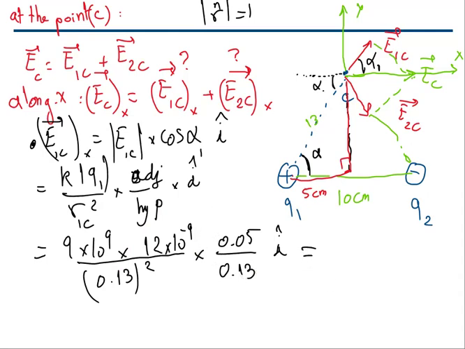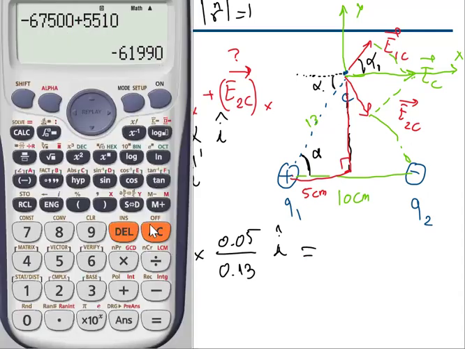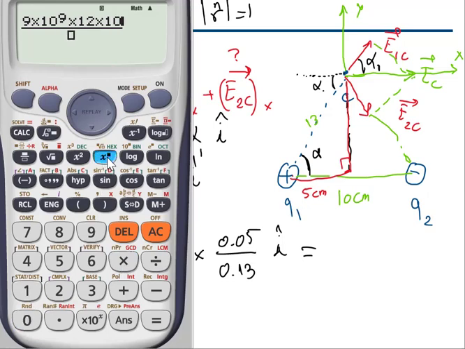So what will be the result? Let's try to do it. We said it's 9 times 10 power 9 multiplied by 12 times 10 power negative 9 divided by 0.13 squared, multiplied by adjacent over hypotenuse, that means 0.05 divided by 0.13.